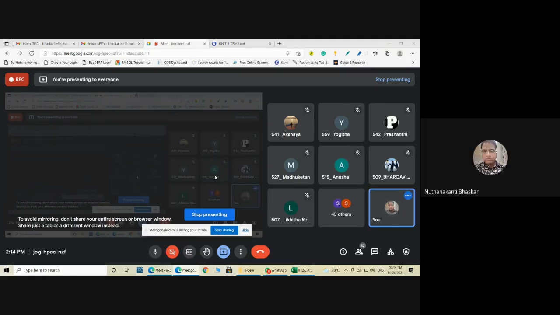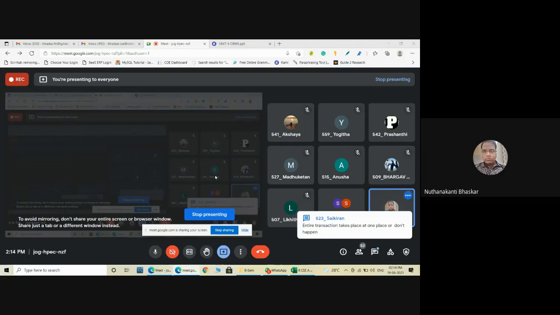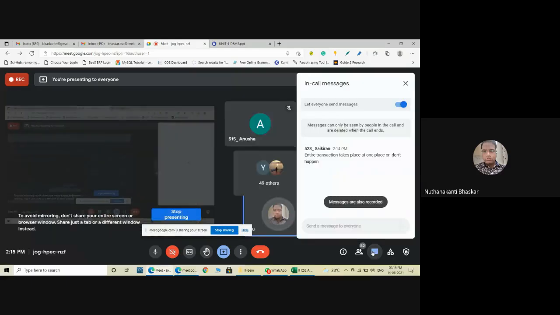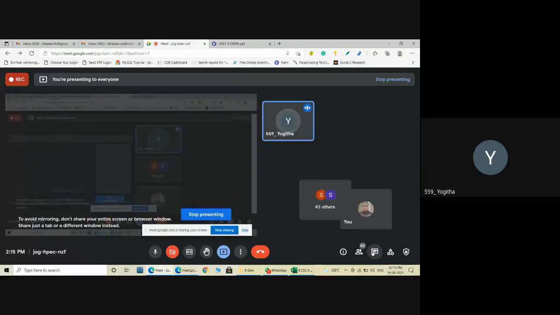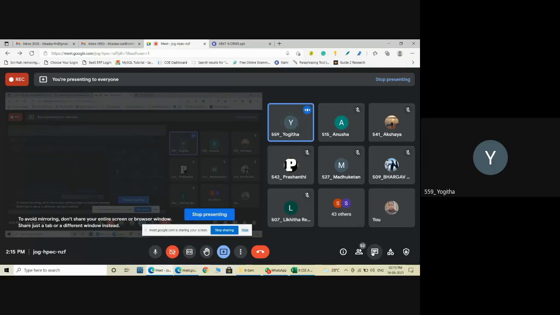Isolation: what is isolation? When different transactions are being run, they should not get affected by each other. Yeah, right. Durability: the amount before deduction and after deduction must be same.